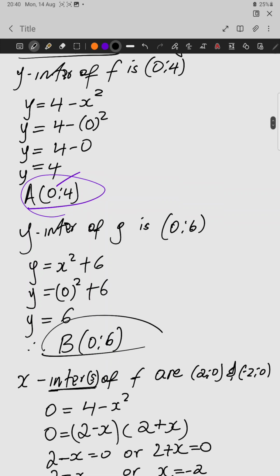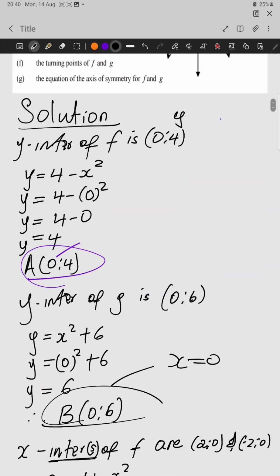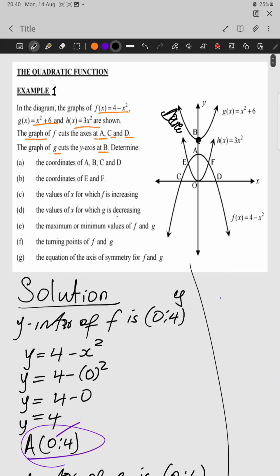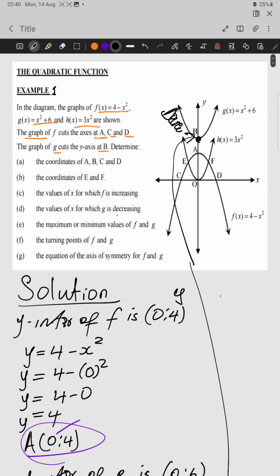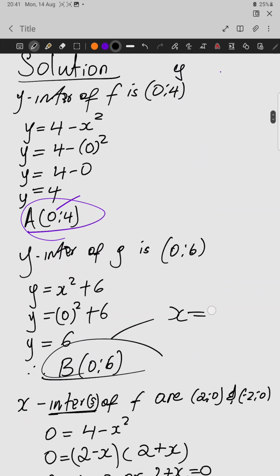With b, which is the turning point, the x value there is 0. So that 0 just comes up there. So we're going to focus only on this side. So x is also less than 0, only this side. But if maybe we were asked about that part, we're going to say x is greater than 0. Simple as that.